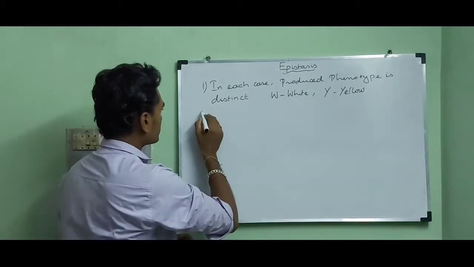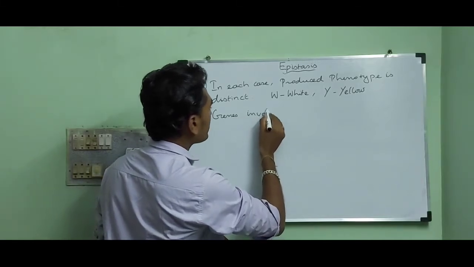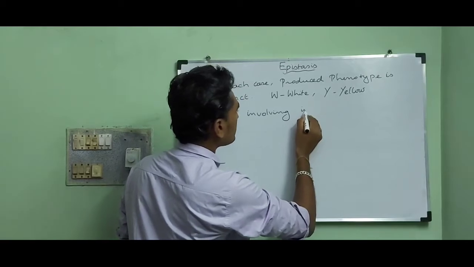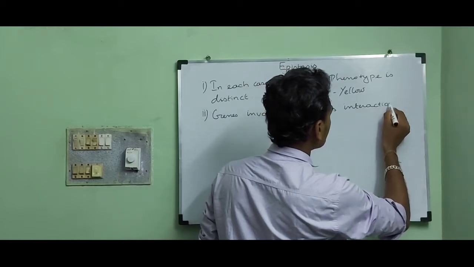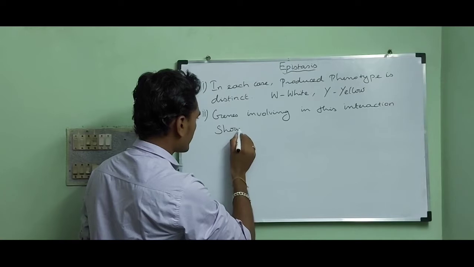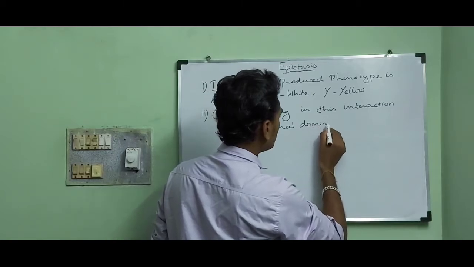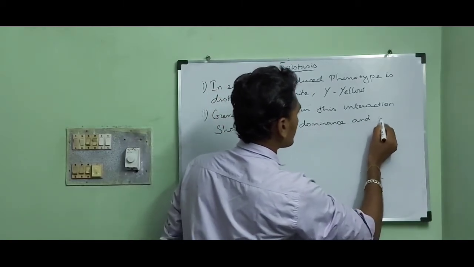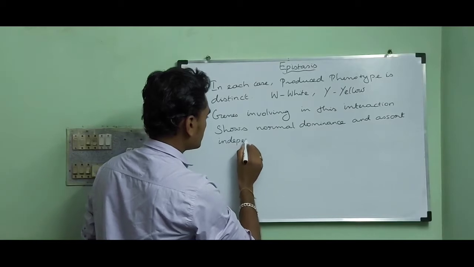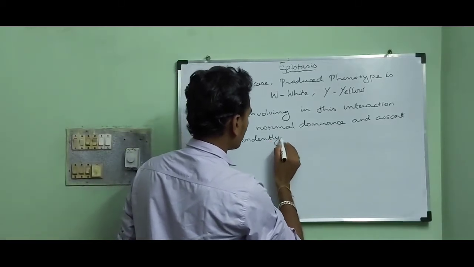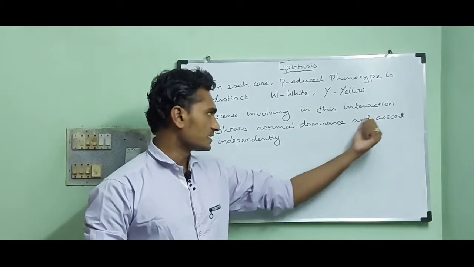Then the second point is, genes involved in this interaction show normal dominance and assert independently.